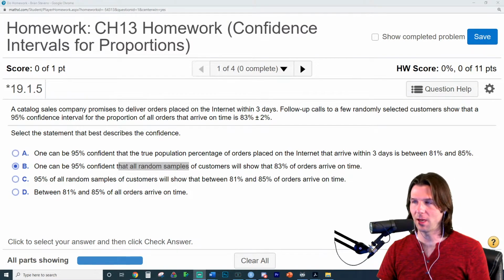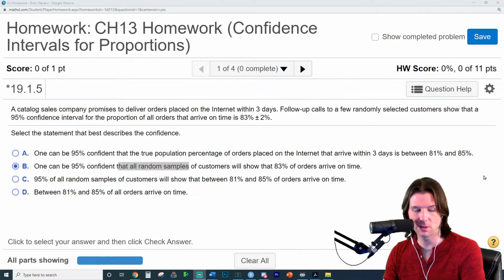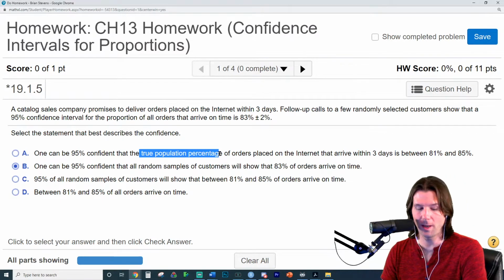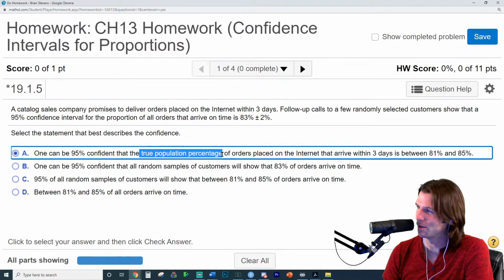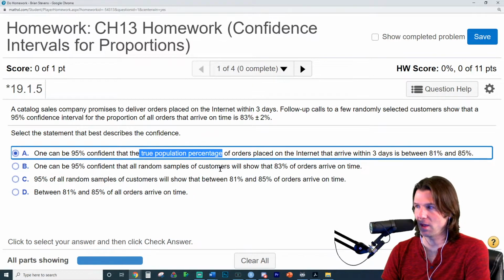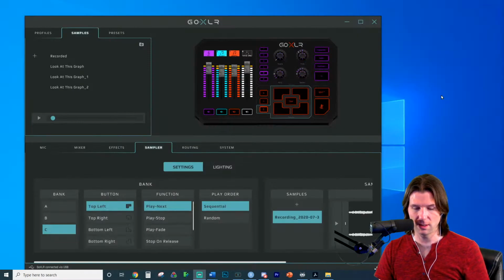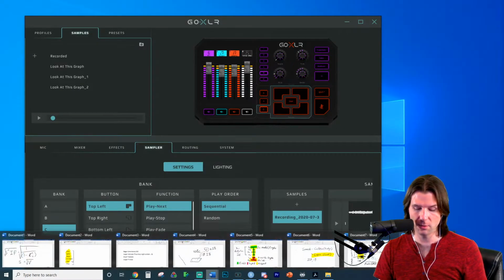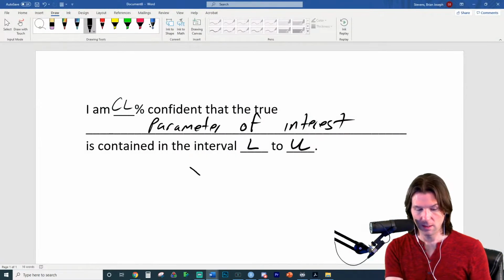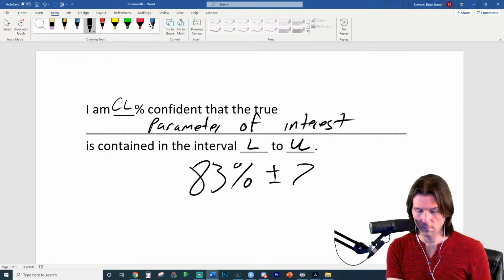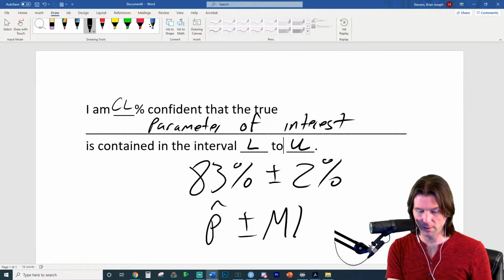So we have here I am, and then we have to think which of these sounds right. Are we trying to estimate the true population proportion, or are we trying to estimate for the sample? The 83 plus or minus 2% is actually the sample proportion plus or minus the margin of error.